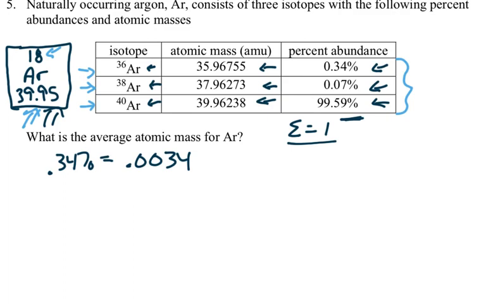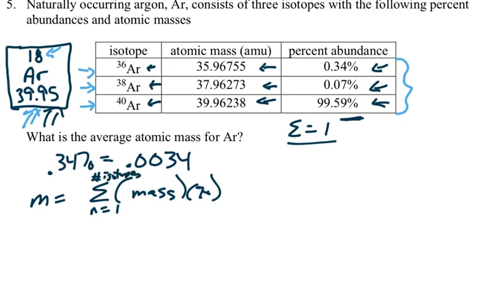Anyway, all you have to do for this problem is your mass equals the sum of the mass times the percentage for n equals 1 to the number of isotopes. Mass of n times the percentage of n.